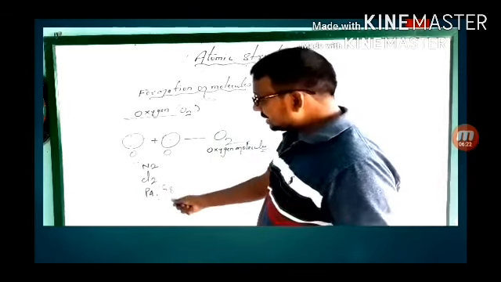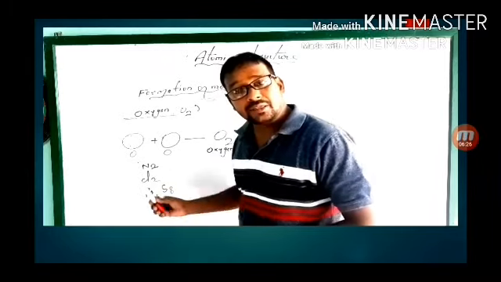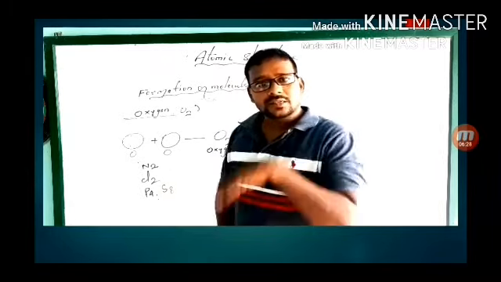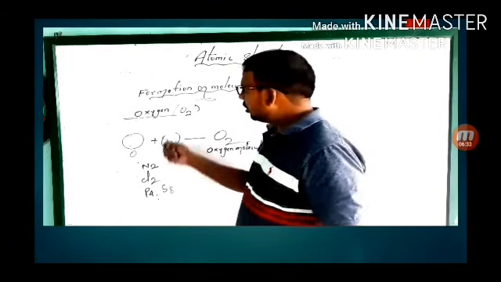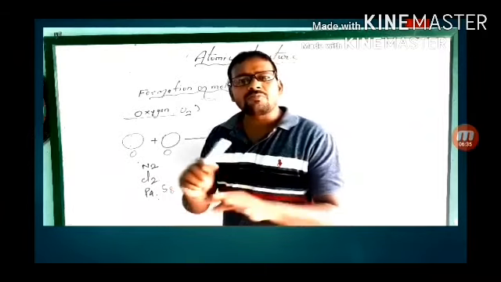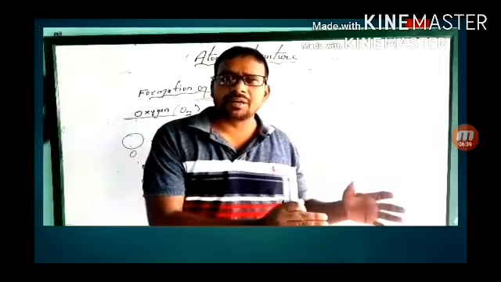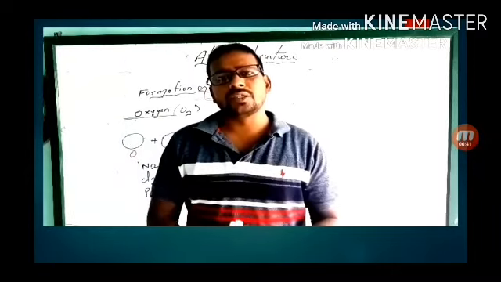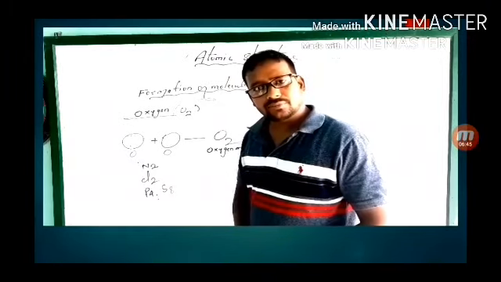You can see in these examples, the same atoms of the same element are combined chemically. Atoms of the same element combined are called a molecule. So what is a molecule? When atoms of the same element combine chemically, molecules are formed. And all these are examples of molecules.